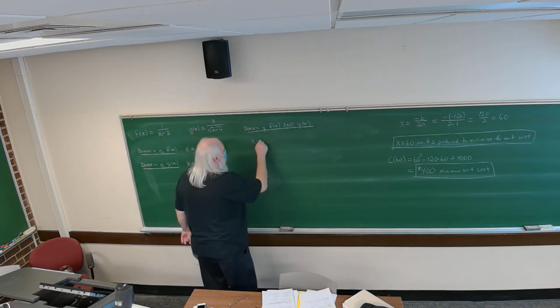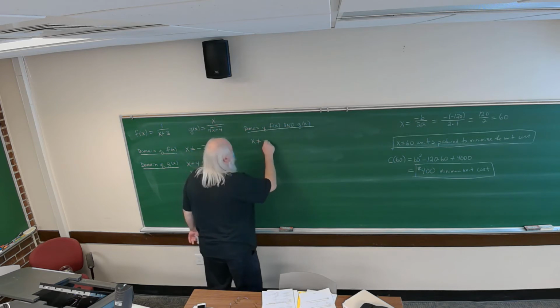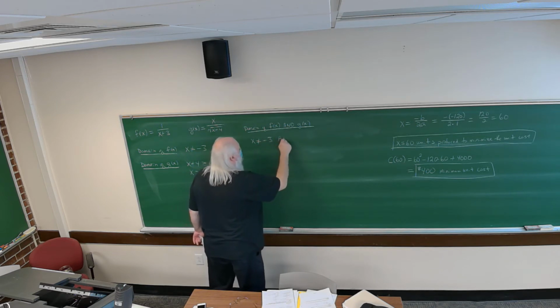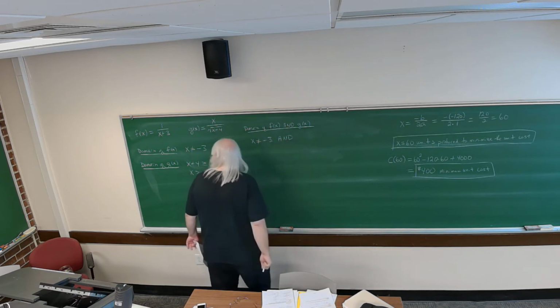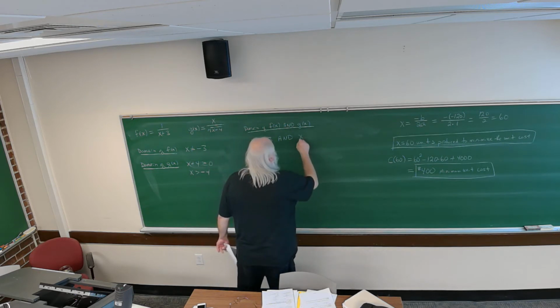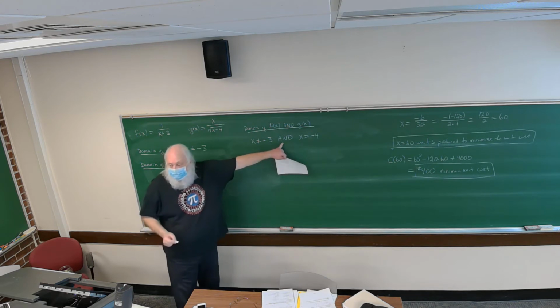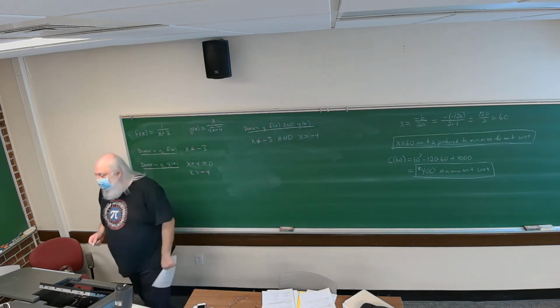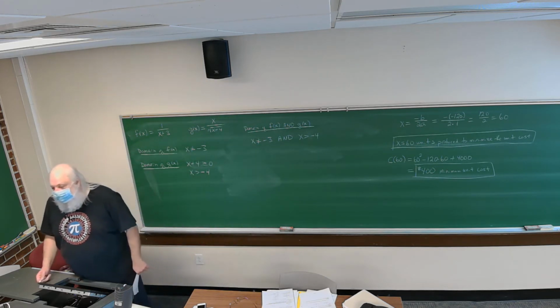X cannot equal -3, and x has to be greater than -4. That's not an or. We're not joining with the union symbol. That's an and. It's intersection.